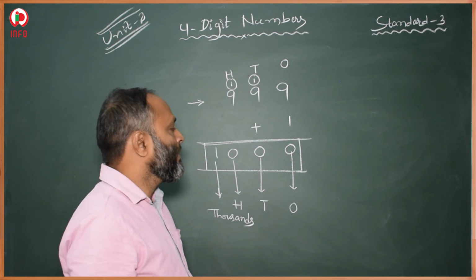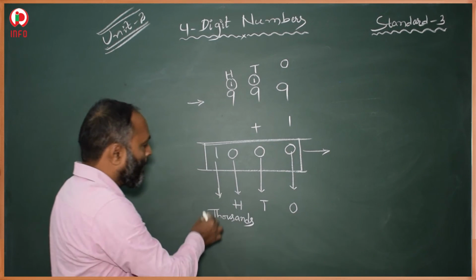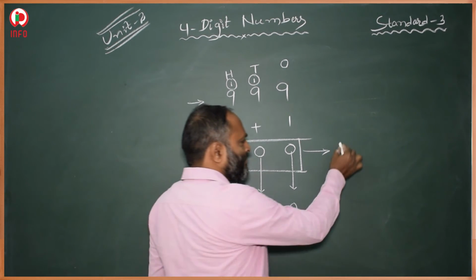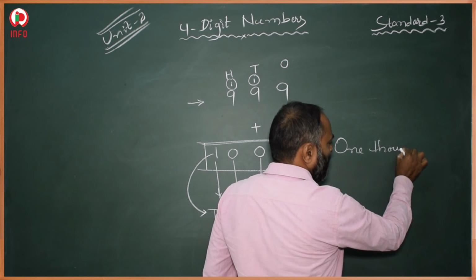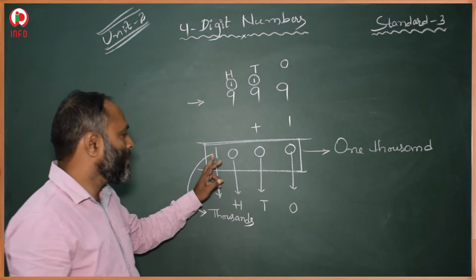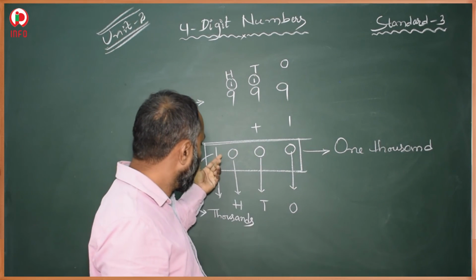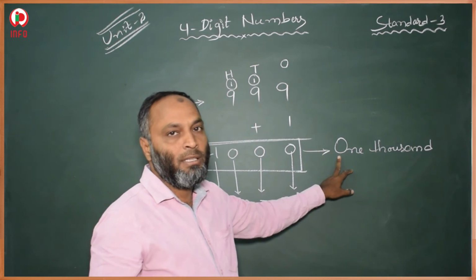This is 1000. How to read this? 1 is in the thousands place, and after that all are zeros. So we write it like this: 1000.